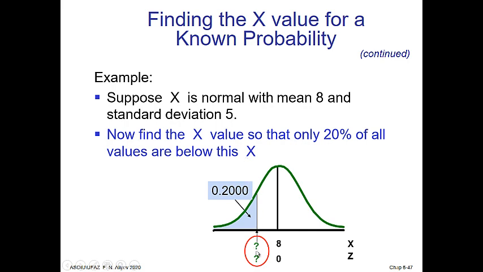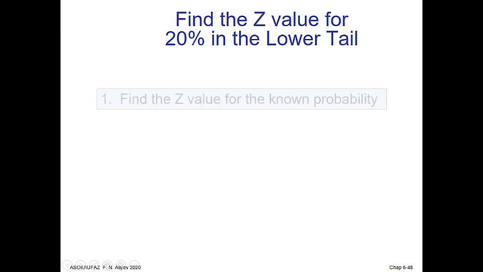We need to find the x value from which 20% of the values are less than. 20% you may turn to probability by dividing by 100. 20 divided by 100 is 0.2 or 0.2000. So we need to find the x value from which the left side area equals 0.2000.